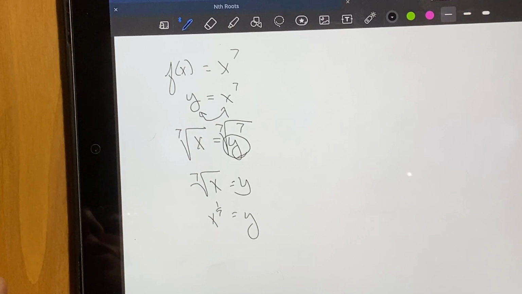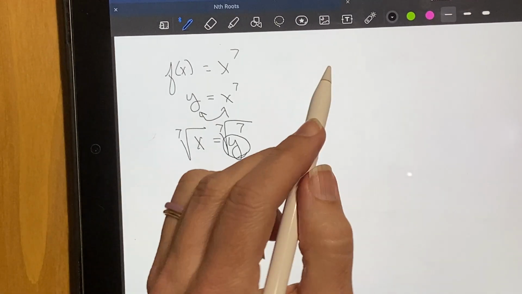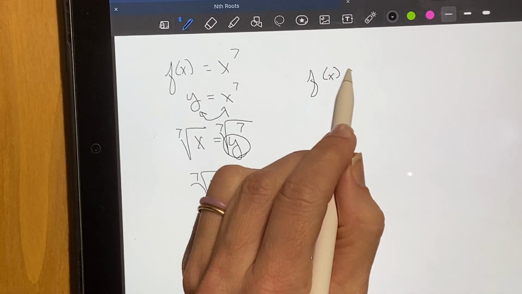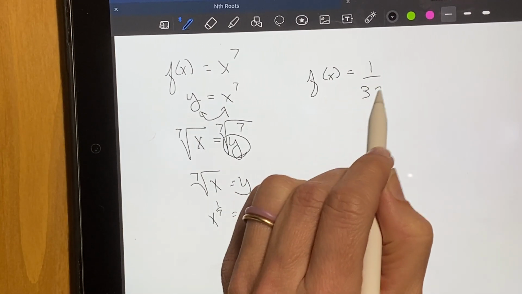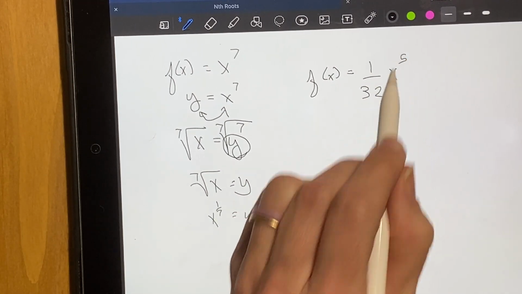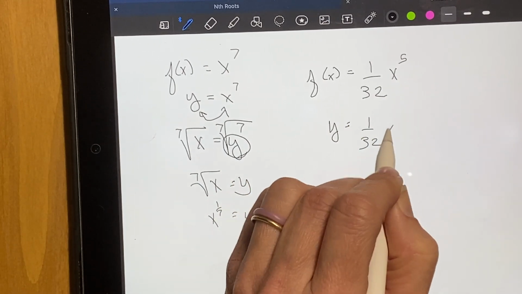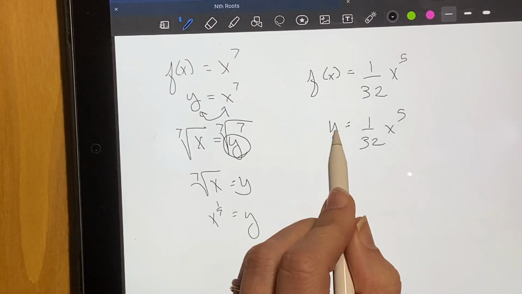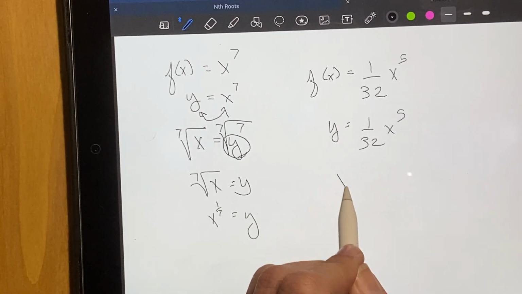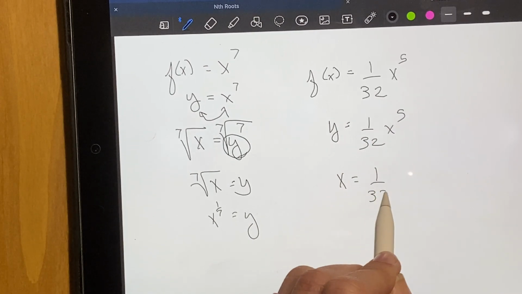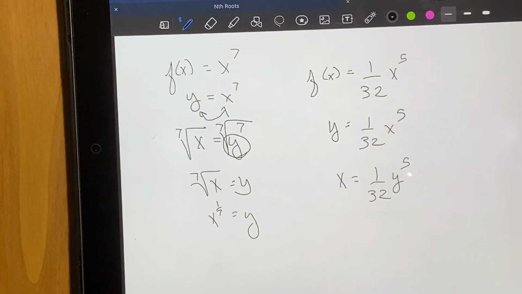If we have something like 39, where we have f of x is equal to 1/32 x to the 5th. Remember, we're rewriting this. y equals 1/32 x to the 5th. We need to swap these. So now I have x is equal to 1/32 y to the 5th.